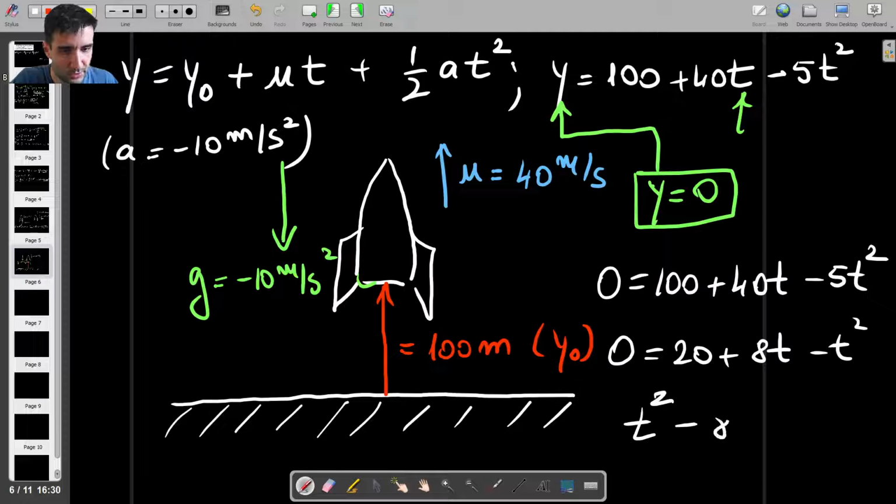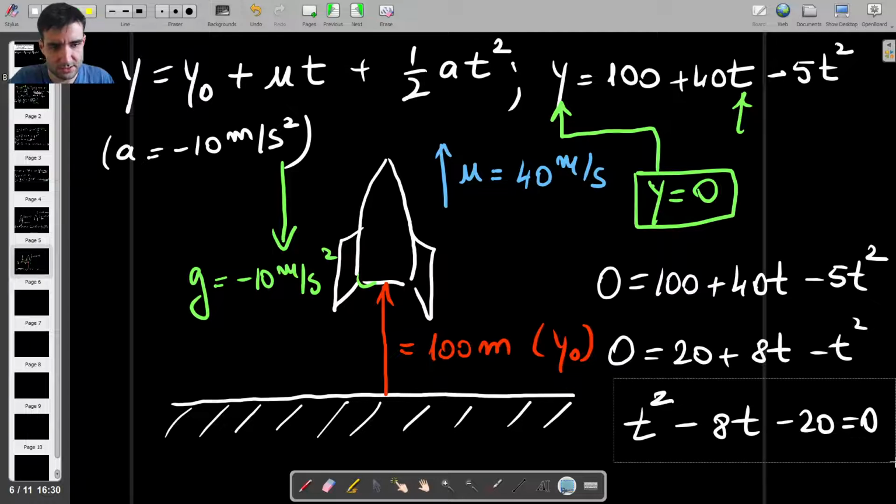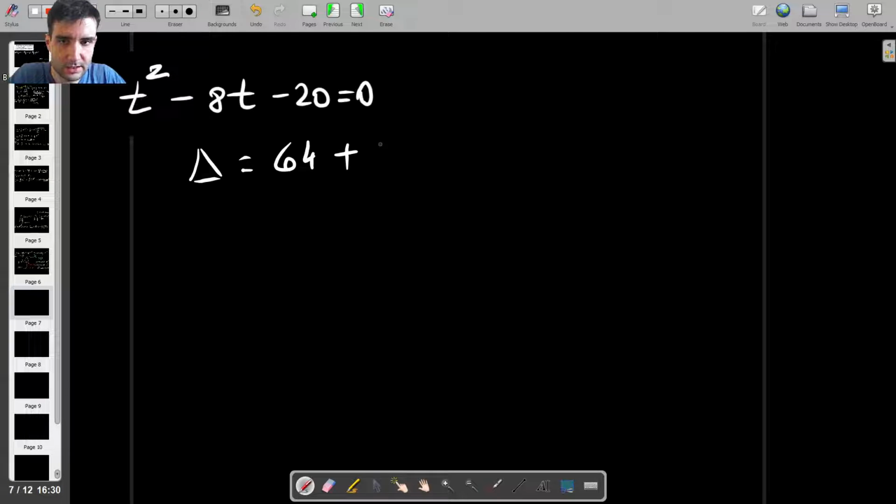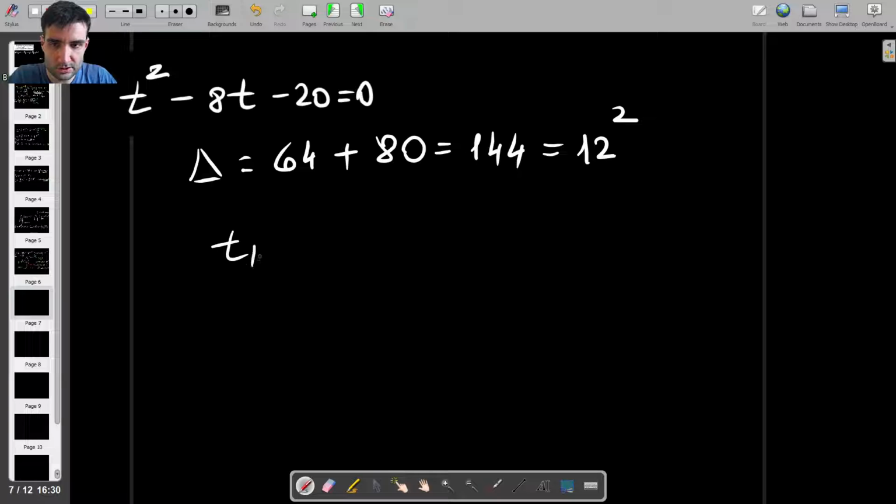So this is t squared minus 8t minus 20 equals 0, and this is just a quadratic equation which we can easily solve. So you can find the discriminant as being 64 plus 80, which is 144, which is nice because this is 12 squared. So t1,2 is 8 plus or minus 12 over 2.